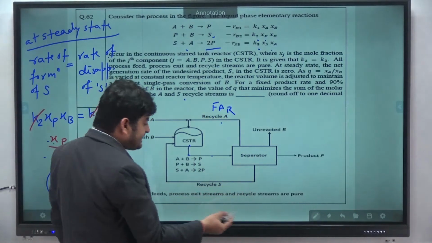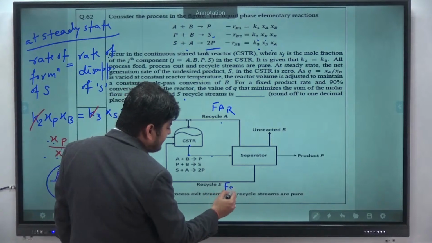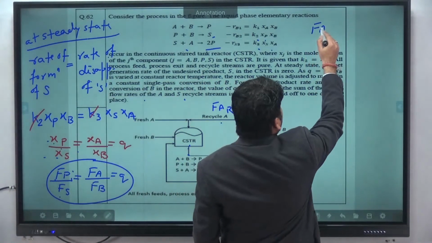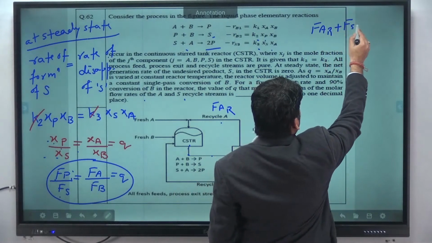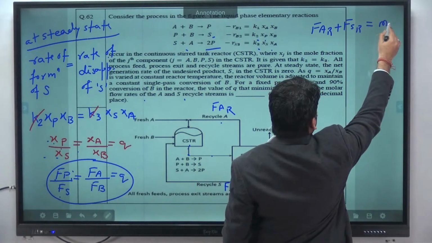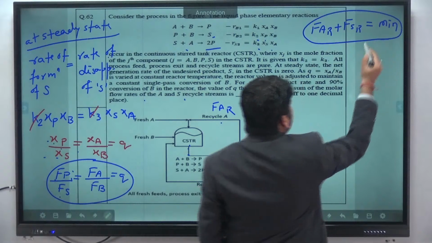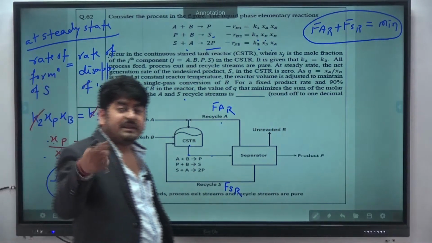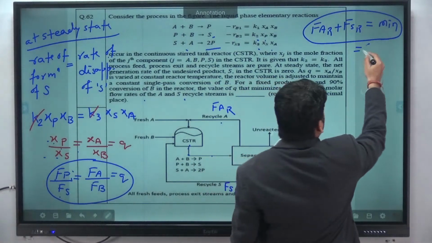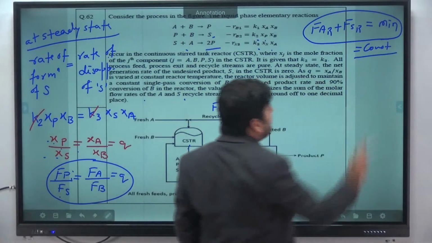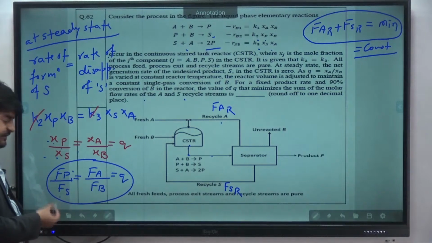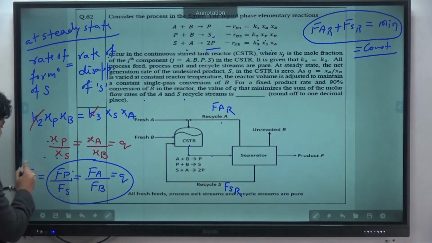Molar flow rate of S in the recycle stream, let's say FSR. So their sum FAR plus FSR will be minimum, they are saying. And if it will be minimum, it will be constant as well. So that is the selectivity, we can say.